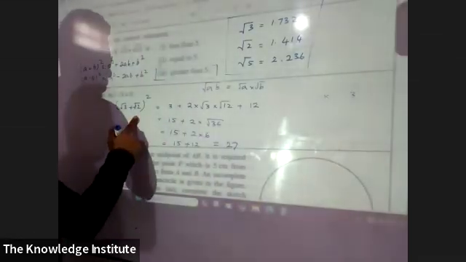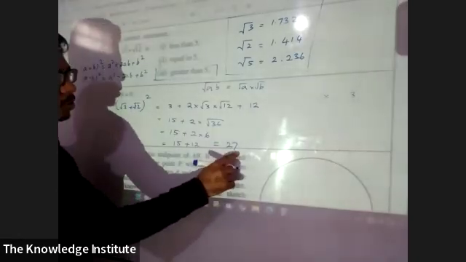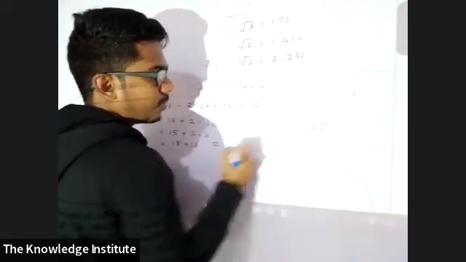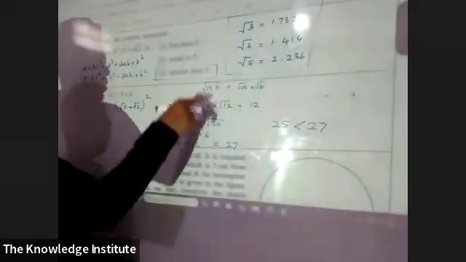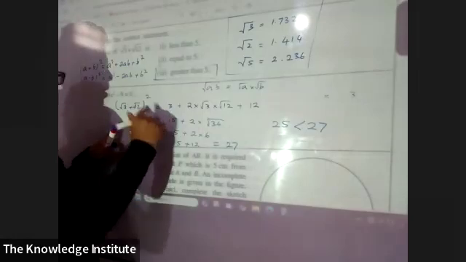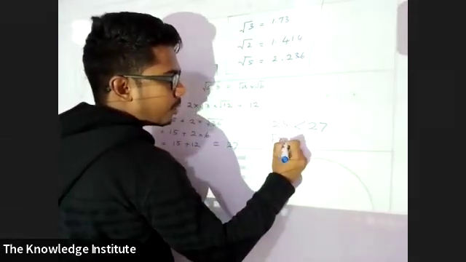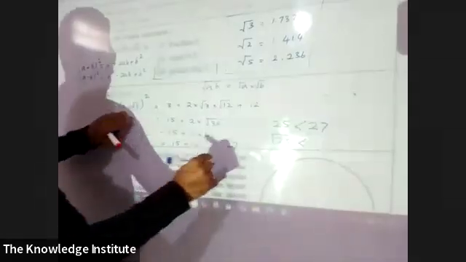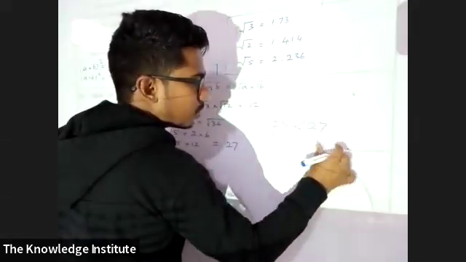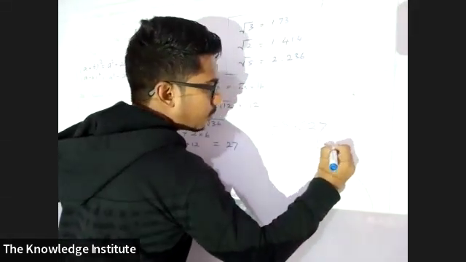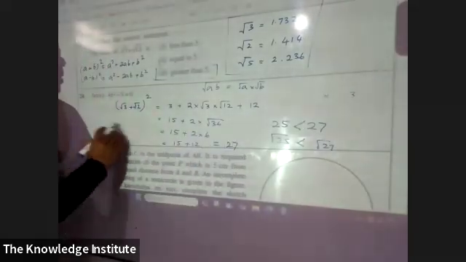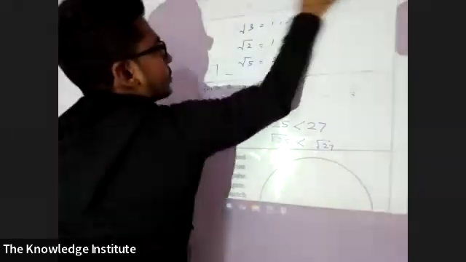So therefore we know 27 is greater than 25. Now you want to take the square root to get rid of the square. Square root of 25 is smaller than square root of 27.